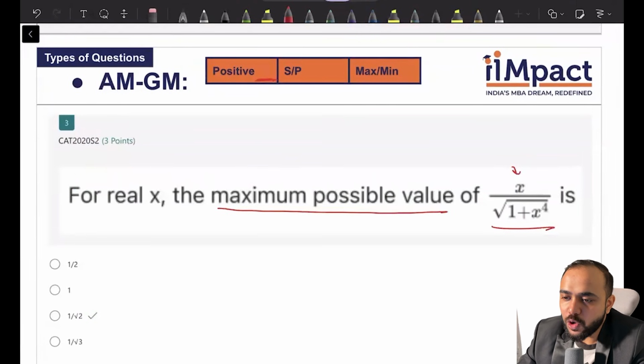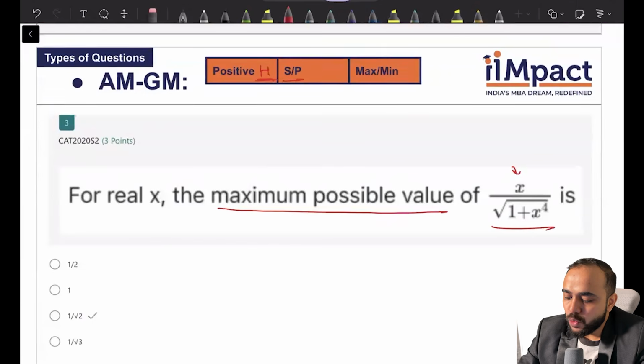Because the denominator is always positive, and if you take x as negative, you will go in the negative direction. So your maximum possible value can be a positive. If it can be a positive number, then you should try for that. So this was extremely well hidden. The fact that AMGM can be used here, it was very well hidden.